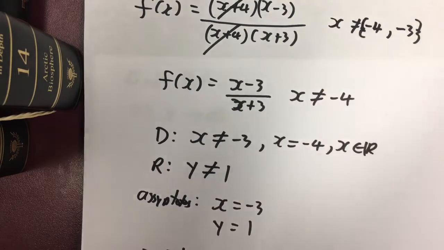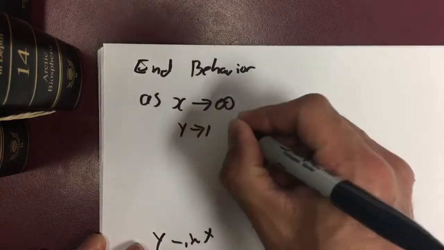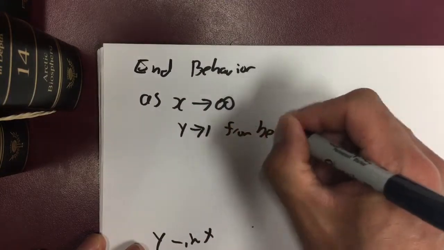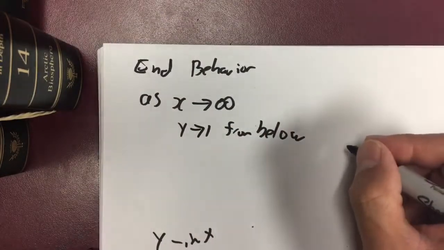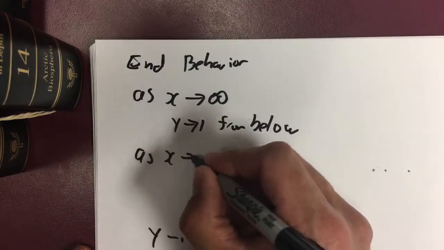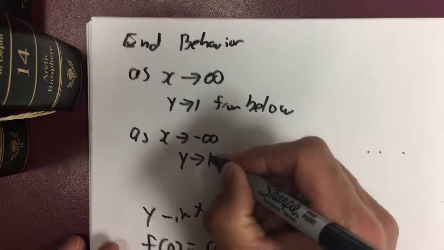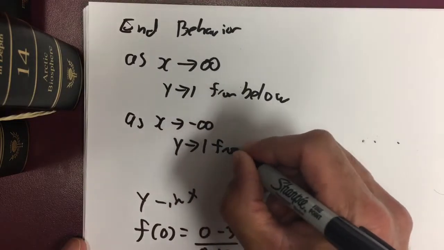So y approaches 1 from below. And as x approaches negative infinity, y approaches 1 from above.